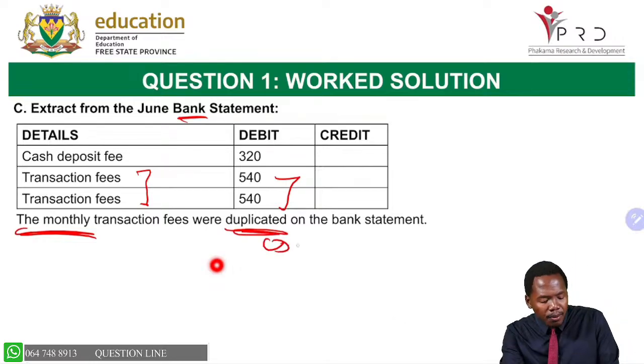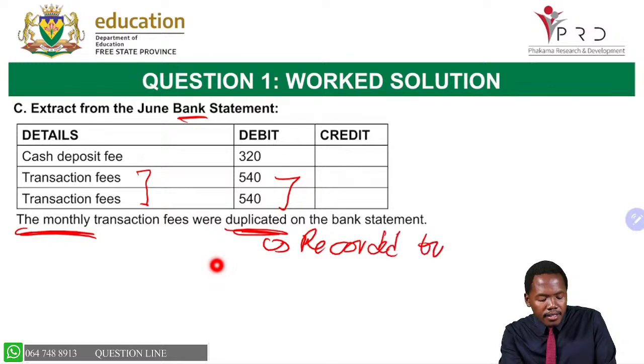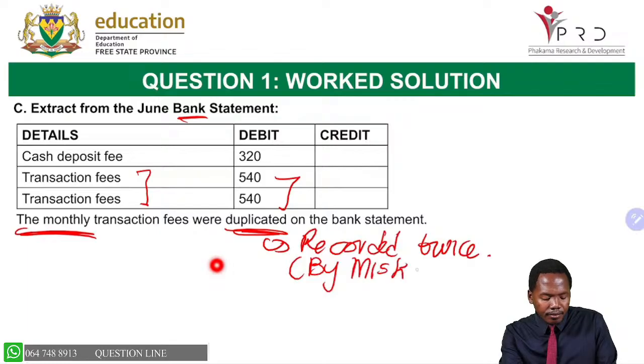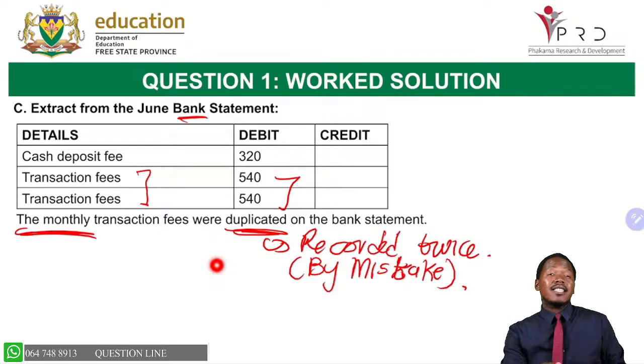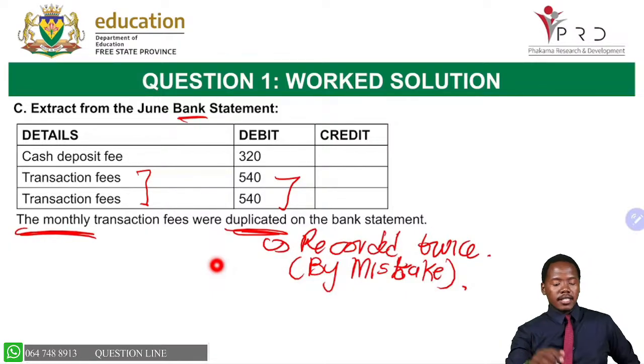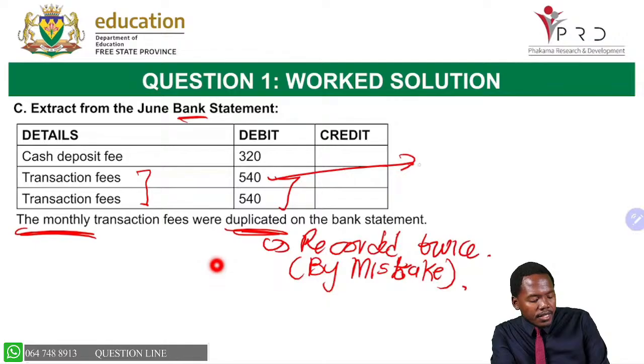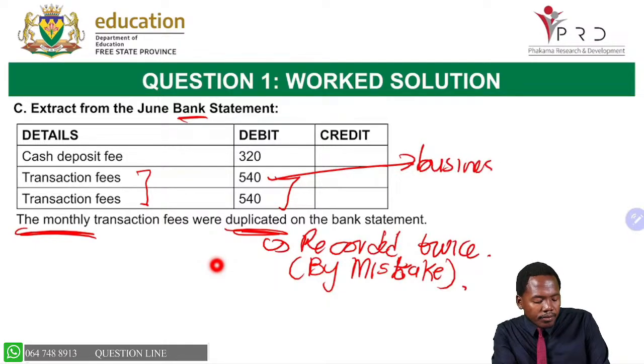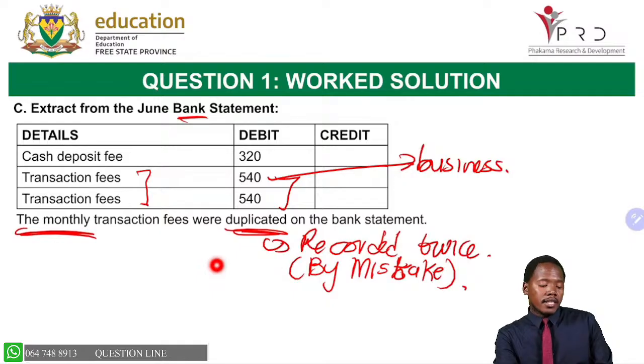It means that we recorded twice by mistake. So this is the mistake we have done. Remember, we're supposed to record only once, meaning between the two 540s, one belongs to the business. It must be recorded in the business.